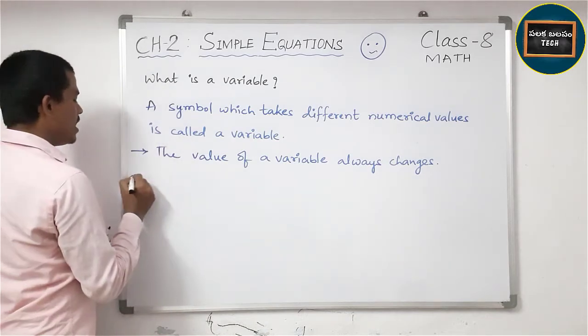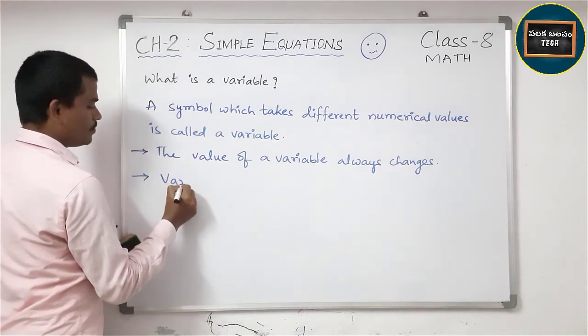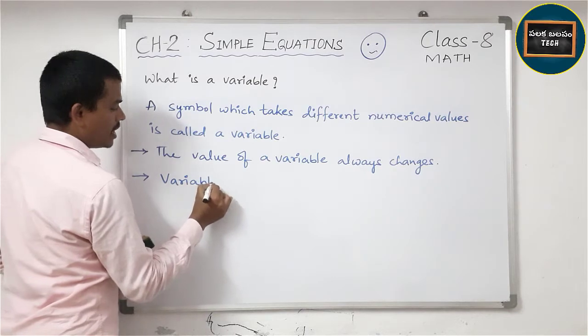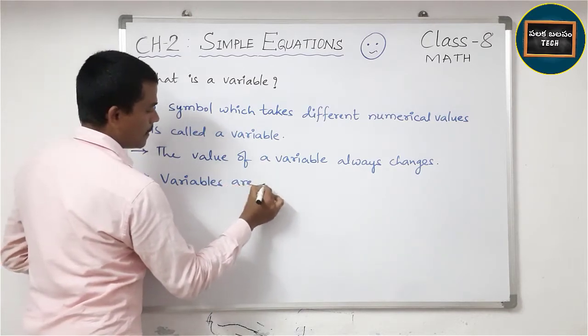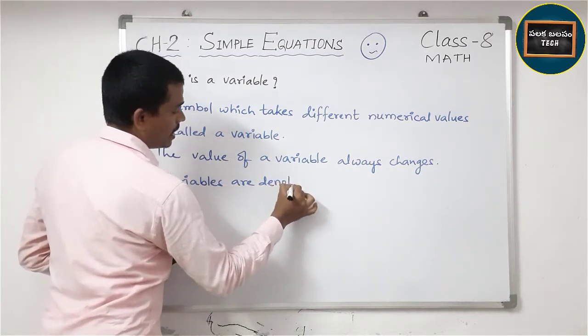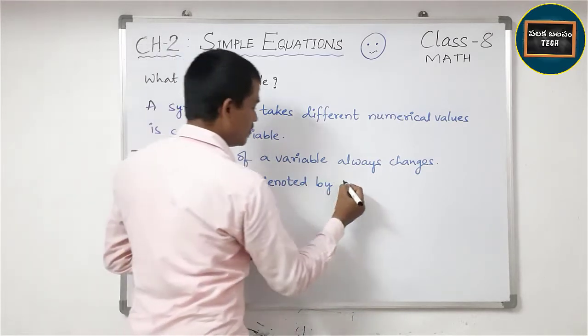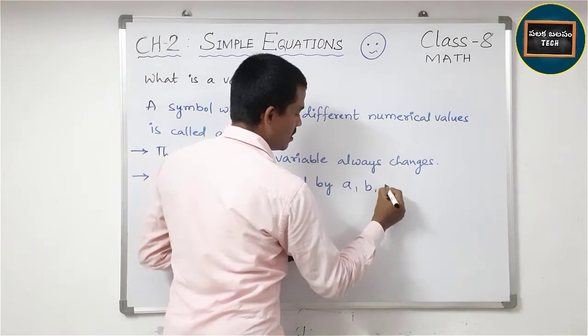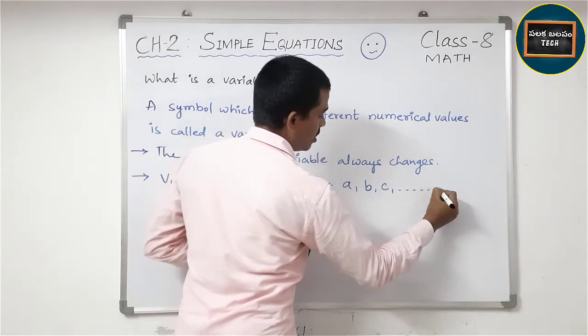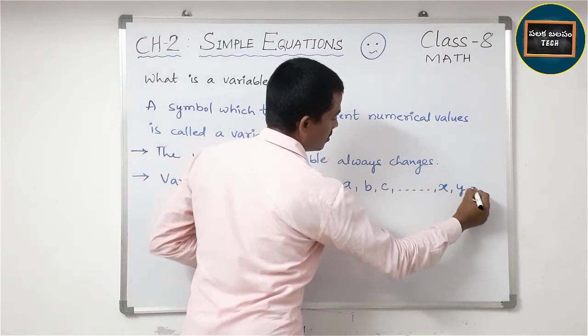Now variables are denoted by small English alphabets a, b, c, d and so on, x, y and z.